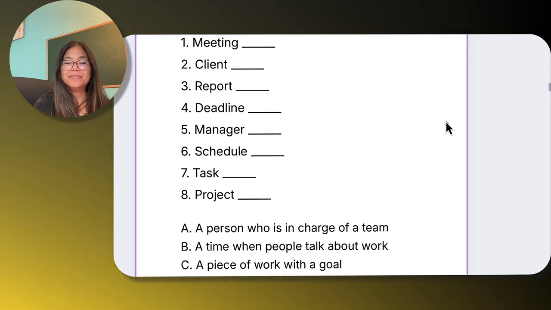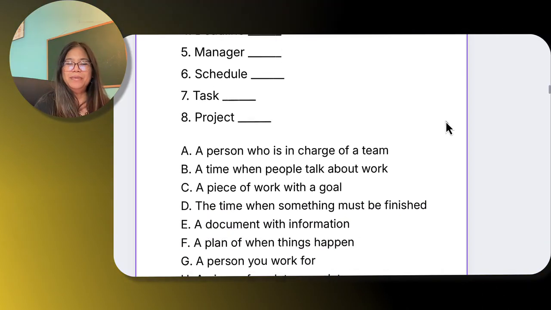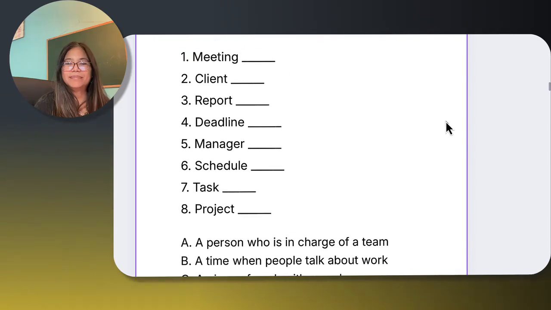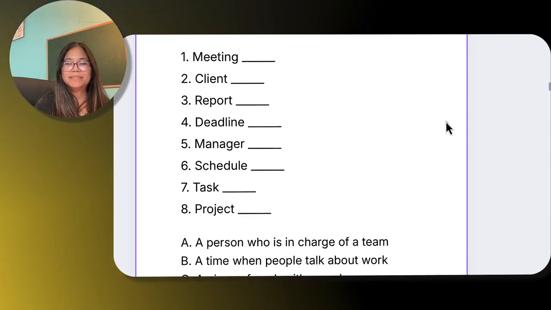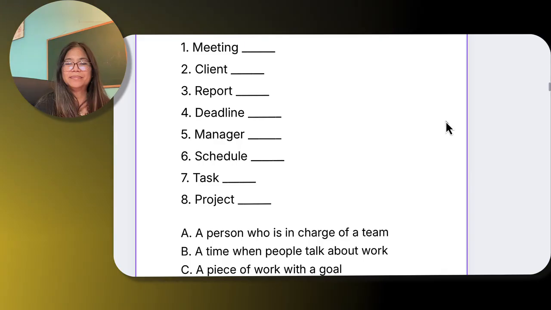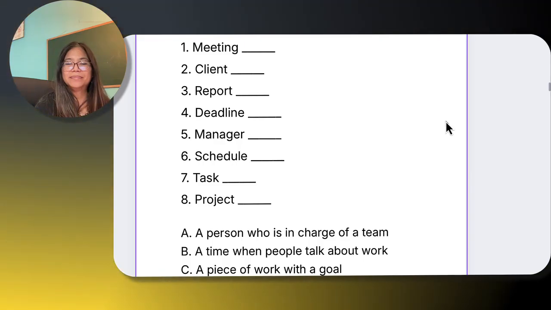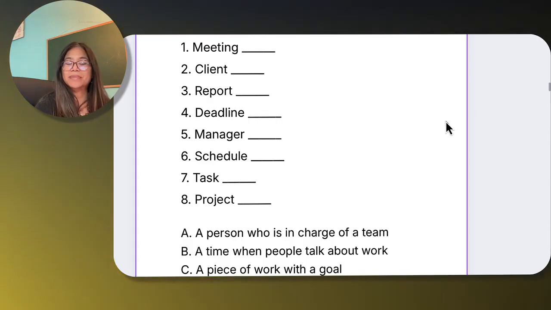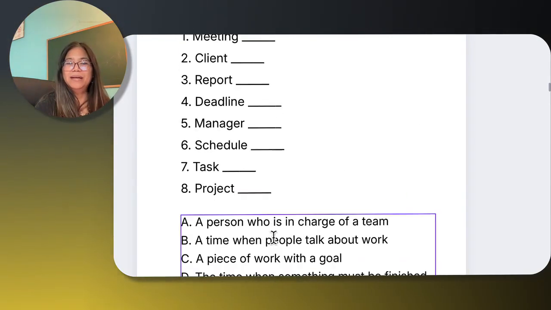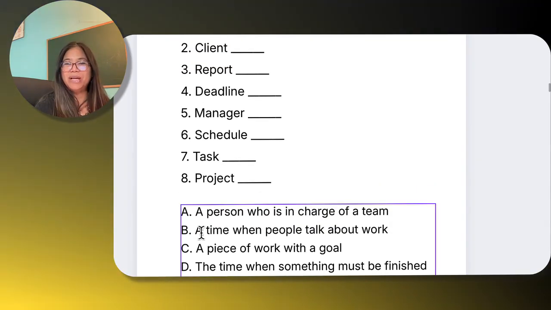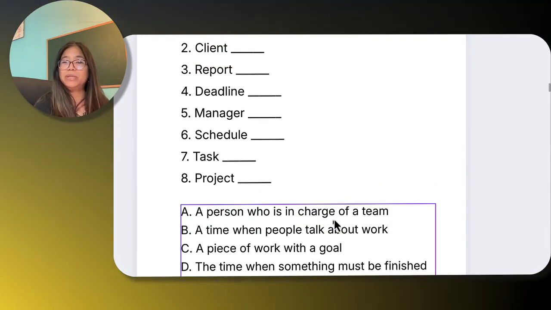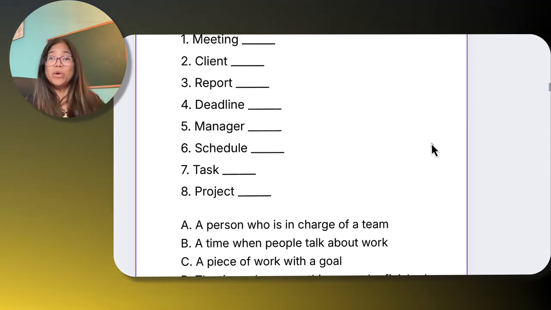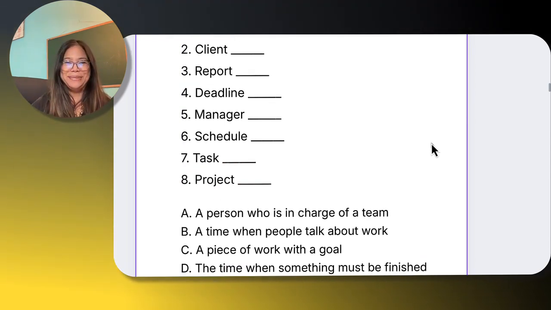Client, a person you work for. Well, it would be a person you work for, yes, because if you have a client and your client asks you to please do a job for them, you are working for them because they are going to pay you.